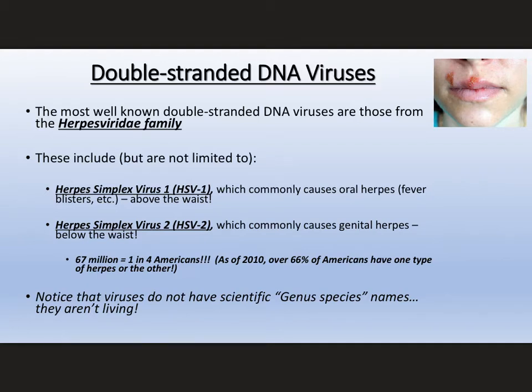us, right, or bacteria. Now, the most well-known group or family of double-stranded DNA viruses are the herpesviridae, the herpes viruses. Now, one thing I want to make sure isn't too confusing here: the herpes group actually includes a number of viruses.